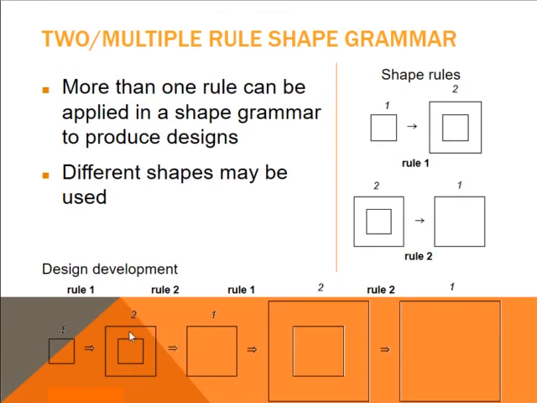So you remove the smaller square and just leave the bigger square, and then you apply rule number one again, where you add an even bigger square, right? And then you apply rule number two again, where you remove the smaller square.